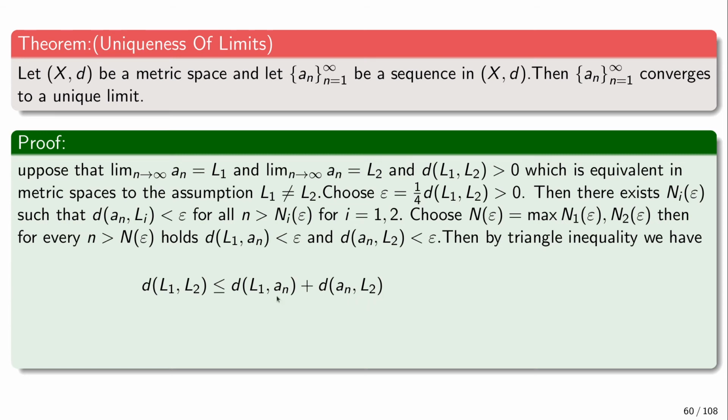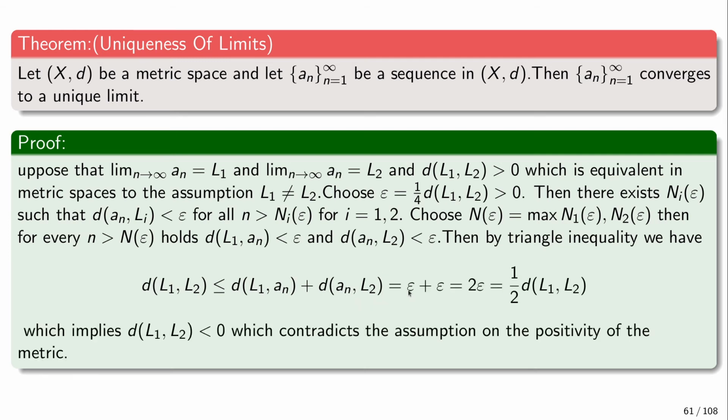Now this has to be smaller than epsilon, which is a quarter of the distance, and this has to be smaller than the same epsilon. So here we have epsilon plus epsilon, which is 2 epsilon. But epsilon is a quarter of the distance, which means that the distance between L1 and L2 has to be no bigger than half of this distance.